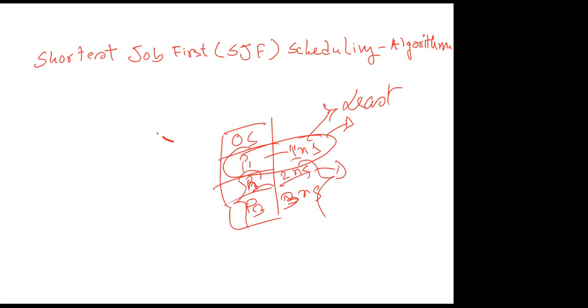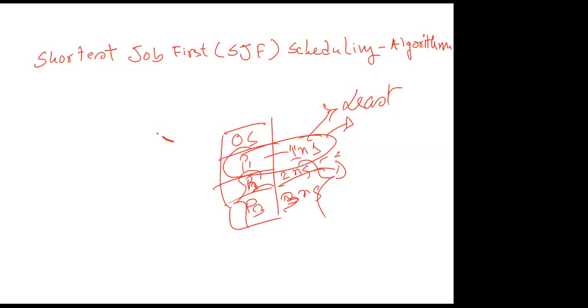It's process P2. It needs 2 nanoseconds. So next your OS will schedule P2, and the last process will be process P3. Okay, this is the shortest job first scheduling algorithm.